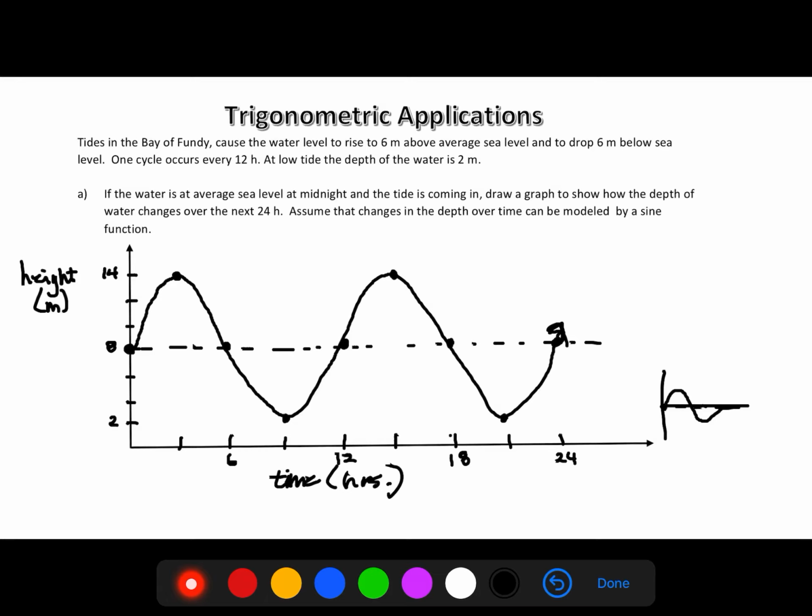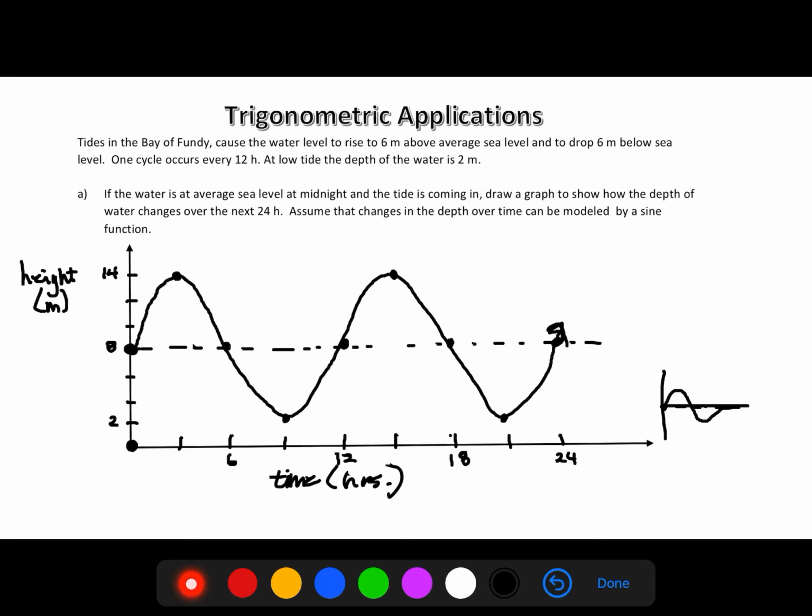So we're going to draw our line in the middle of our graph, because that's our starting spot, the x-axis. And our graph starts right at the middle, which this one does, which tells us there is no phase shift.